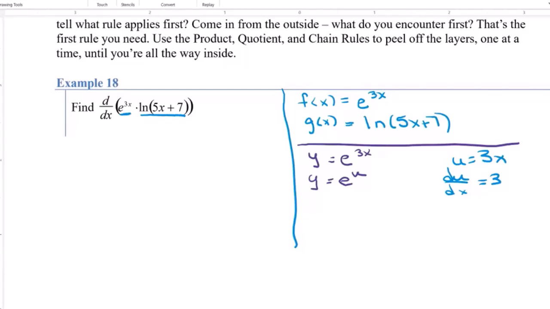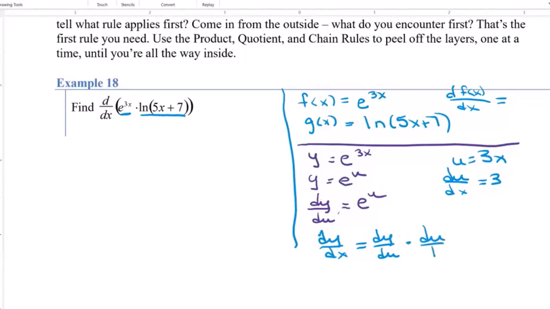And I know that dy/du is equal to e to the u. Remember, it doesn't change. That's why the Leibniz notation is so nice. Find the derivative of f of x with respect to x. So dy/dx is equal to dy/du times du/dx. dy/du is equal to e to the u, and du/dx is equal to 3.